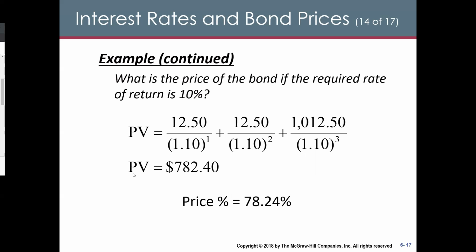Now the present value is $782.4, or the price of the bond becomes 78.24. In other words, this time the present value of the bond is lower than the face value of the bond.